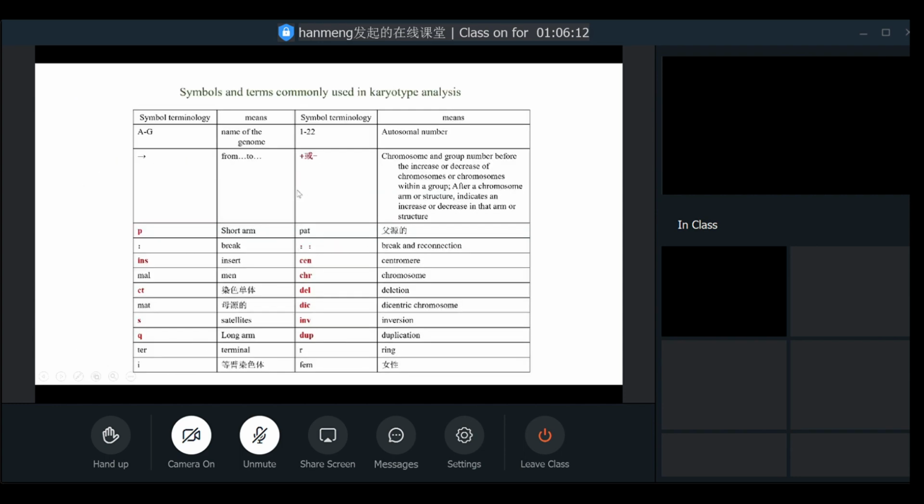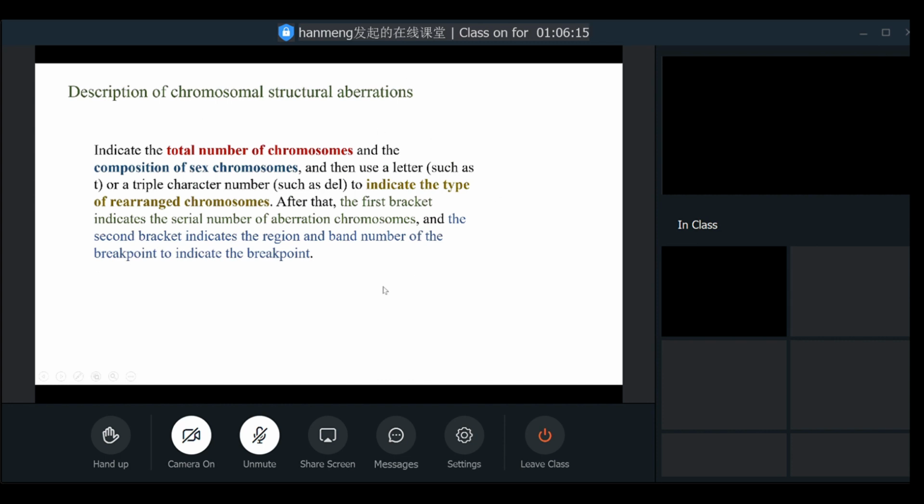So you should remember this sentence: the total number of chromosomes, the composition of sex chromosomes, then a symbol that indicates the type of aberrant chromosome. Then the first bracket indicates the serial number of the aberration chromosome, and the second bracket indicates the region and band number of the breakpoint.